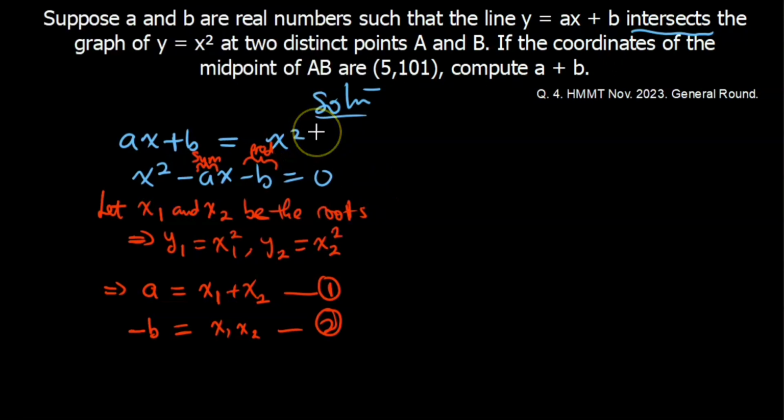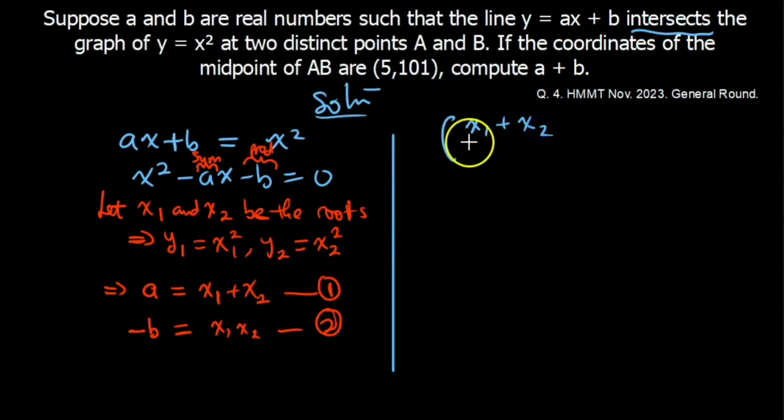Notice that the coordinates of the midpoint of those two points of intersection are given as 5 and 101, so we're going to make use of that fact. How do you find the coordinates of a midpoint? To find that, we take x1 plus x2 divided by 2, which gives the x coordinate of the midpoint. The y coordinate is the same thing using the y values divided by 2.